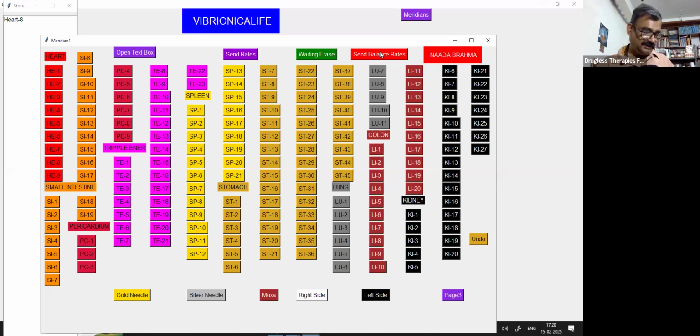So this is H8, the fire element of the heart, balancing. What is the fire element? Any itis, any inflammation, excessive joy. Excessive joy also creates a problem. Joy is governed by the heart. Okay.